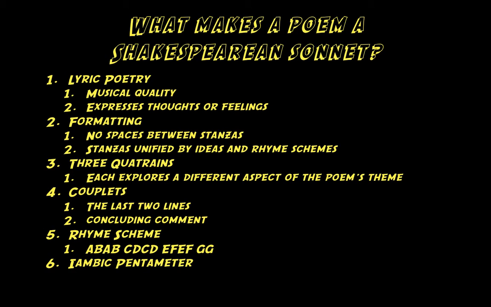Finally, we have iambic pentameter. Every single line has to be written in iambic pentameter. What that means again is that I'm referring to syllables. The syllables are written in pairs. They go unstressed, stressed. That's what an iamb is. Penta, as in pentagon, refers to 5. So there are 5 iambs.